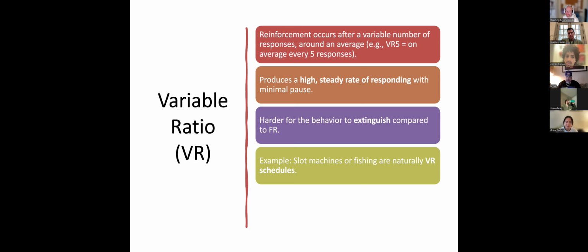It's no wonder the slot machine is set up on a variable ratio schedule where maybe every 5 pulls it pays out. This produces a high, steady rate of responding, which is exactly what the casino owners like to see, and it is resistant to extinction. As people start to lose and don't win as often, we see this behavior maintained. So it's very resistant to extinction.